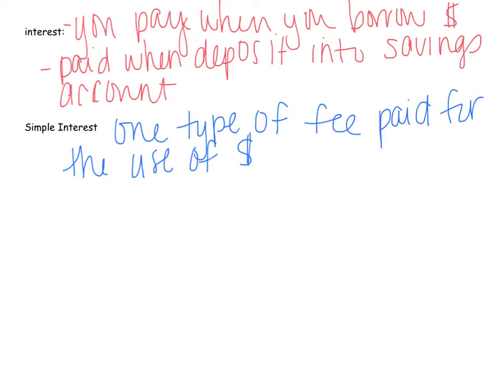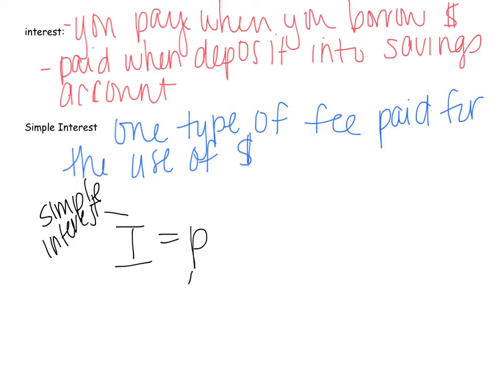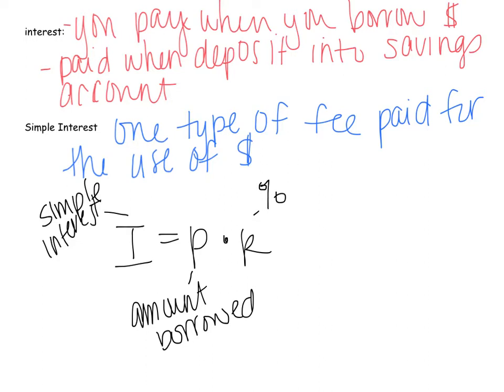And the equation that you're going to use to find interest is I, where I represents your simple interest, equals the principal, or the amount borrowed, times your rate, which is going to be your percent, times the time. So however long you have, and this is normally in years.